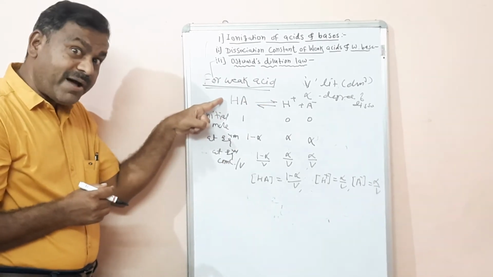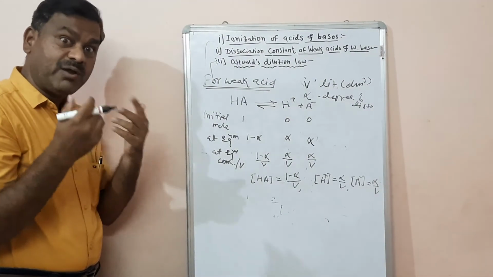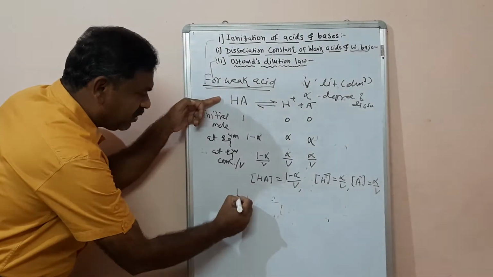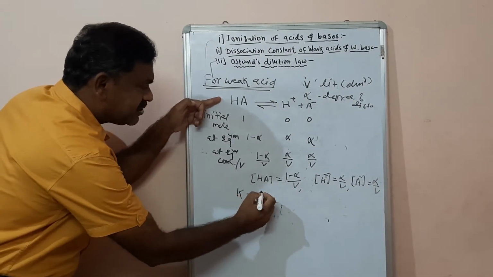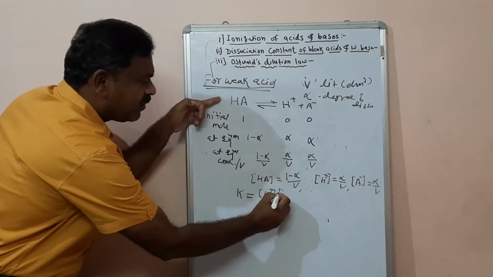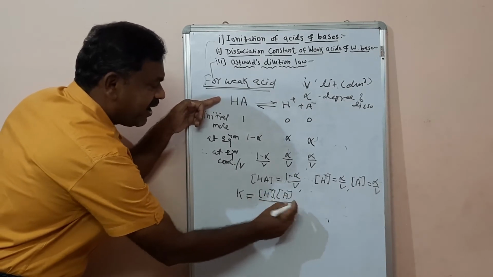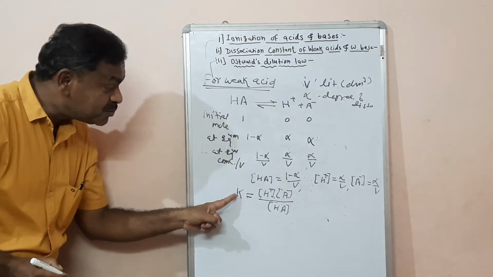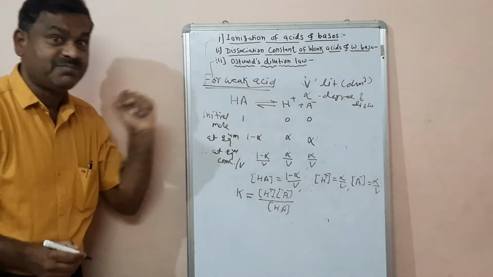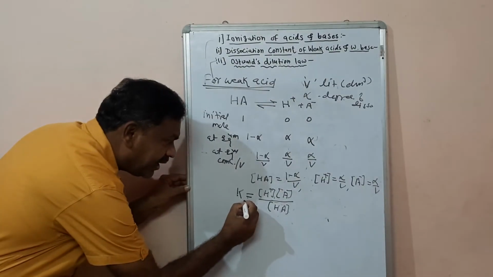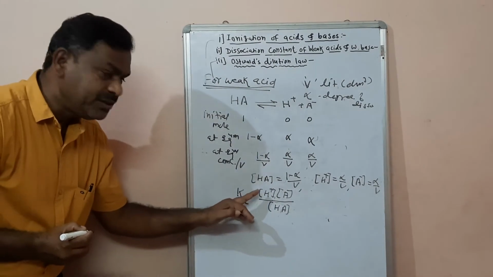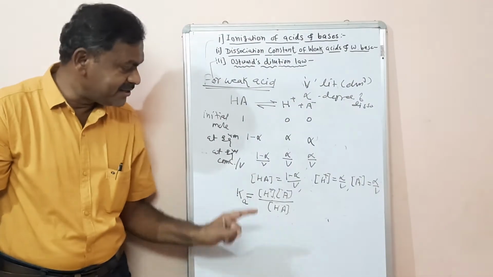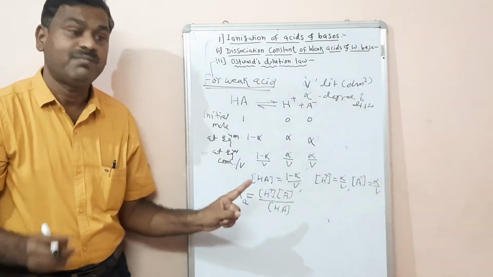Applying the law of mass action to the equilibrium, you have to calculate the equilibrium constant. For this weak acid, Ka is equal to the molar concentration of H plus into the molar concentration of A minus divided by the molar concentration of HA.